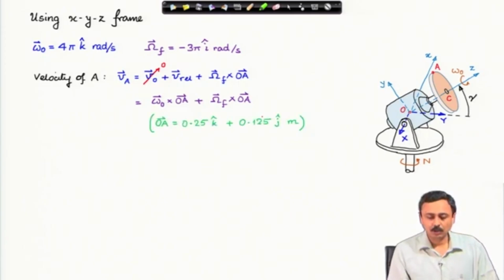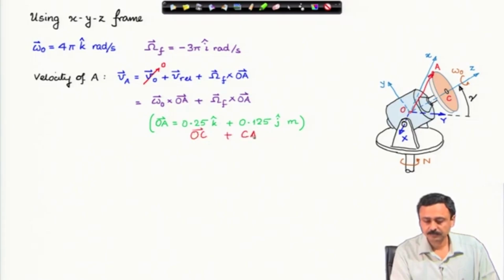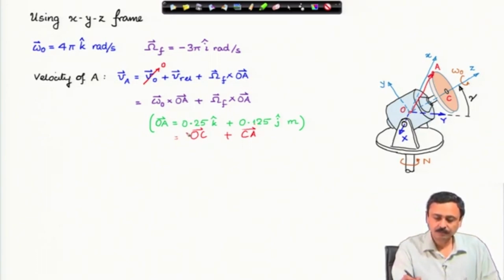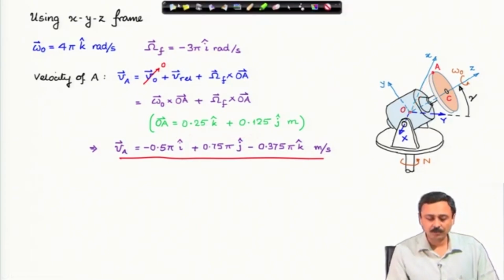These expressions are all known to me. The OA vector, because the dimensions are given, is OC vector plus CA vector. If you plug in all these values, the velocity of point A turns out to be this expression, meter per second.